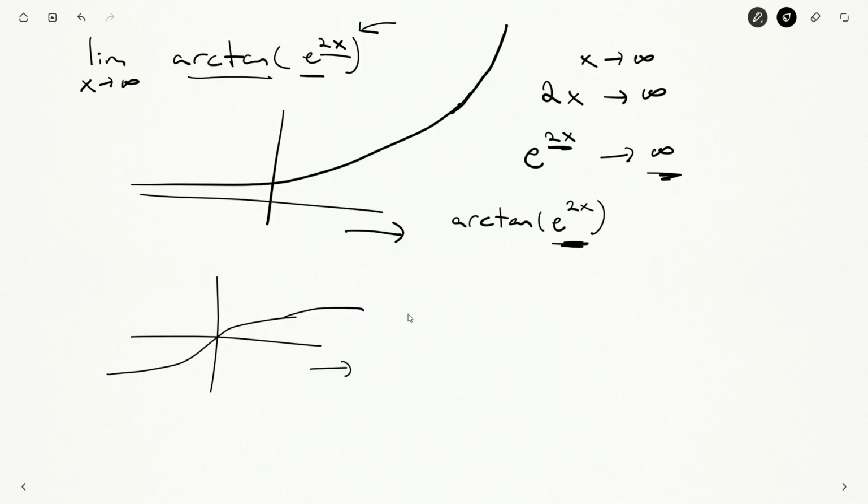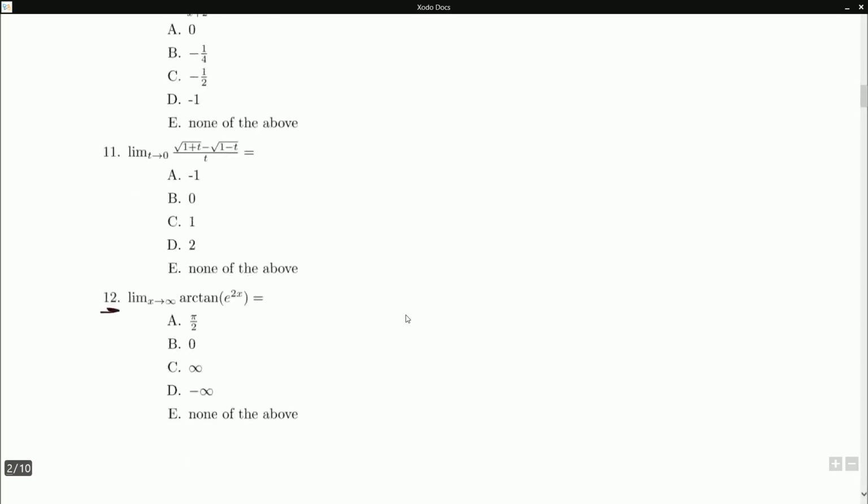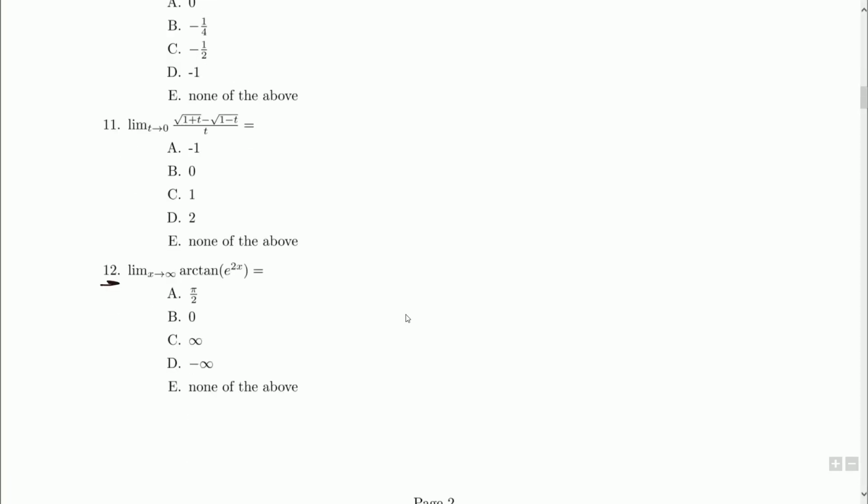But as we move to the right, our values approach the horizontal asymptote of pi by 2. Now, this is all very nice, and you might say nothing's really happening, all these things are going to infinity. So the answer here is pi by 2, and there we go, it's a. So a is the answer we're looking for.